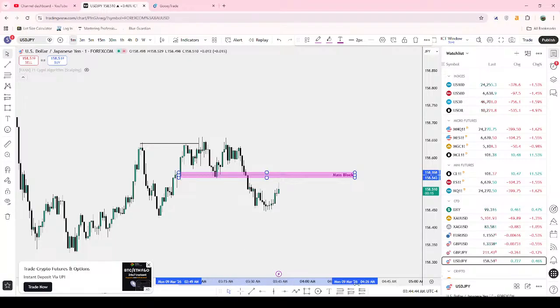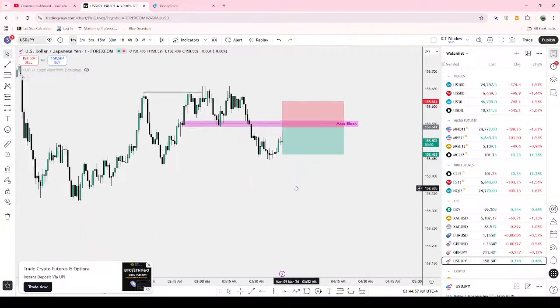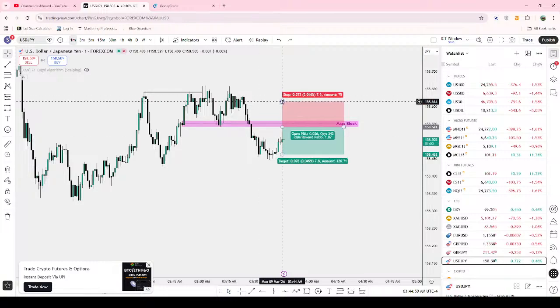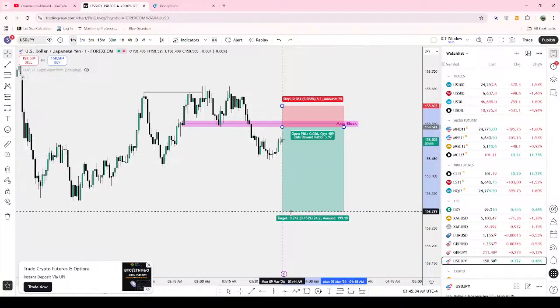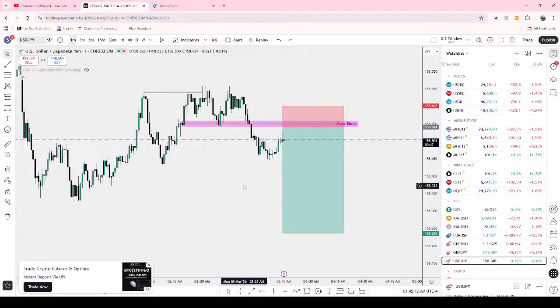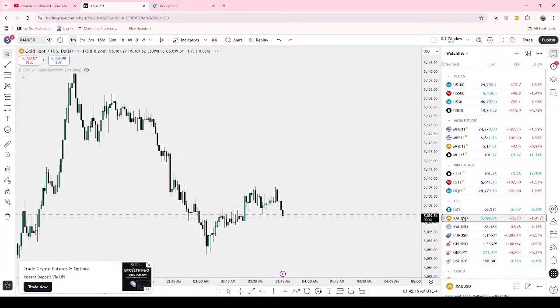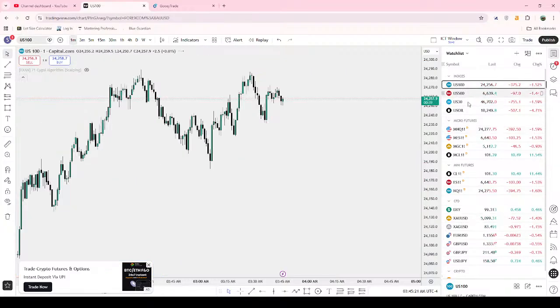The entry would be here, and the stop loss would go somewhere here. And we will aim for 1 to 5 here. That would be the trade, but I'm not taking this trade because I'm trading gold and NAS 100 only for now.